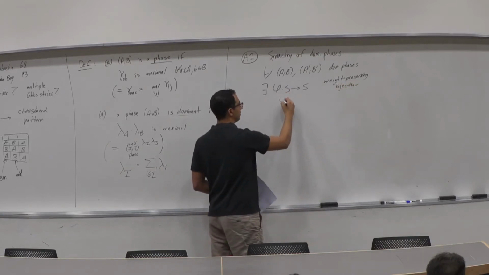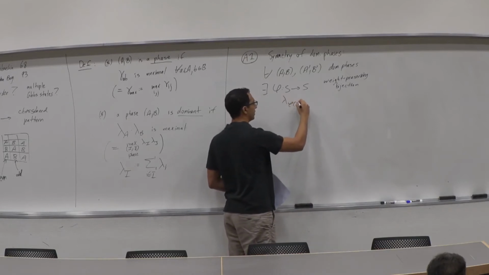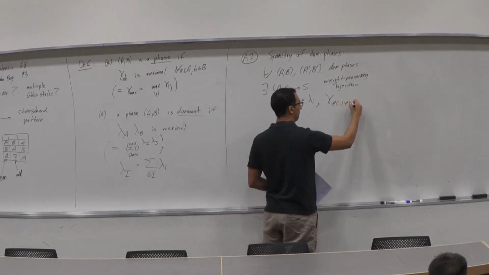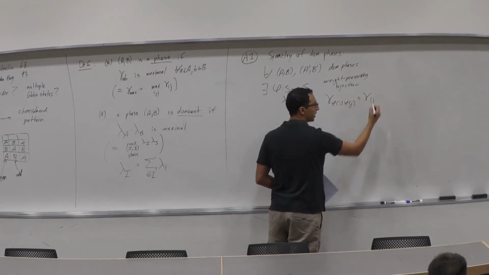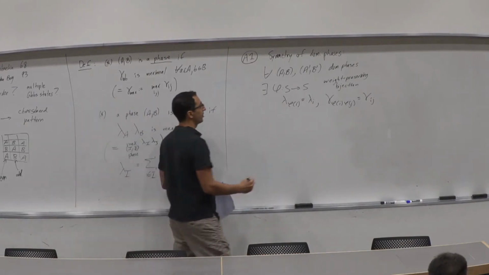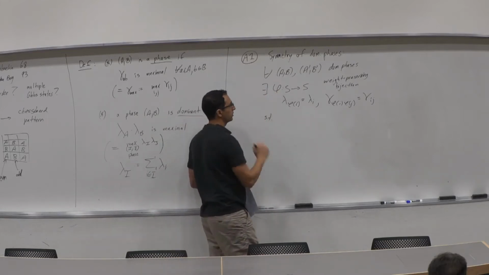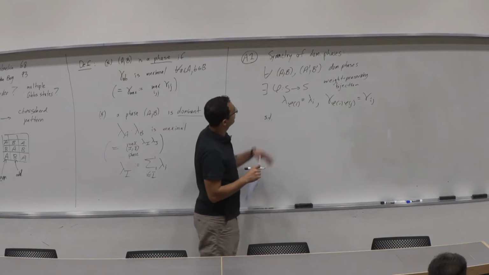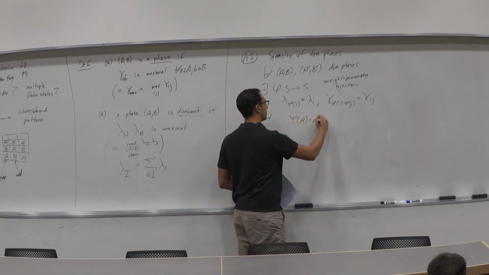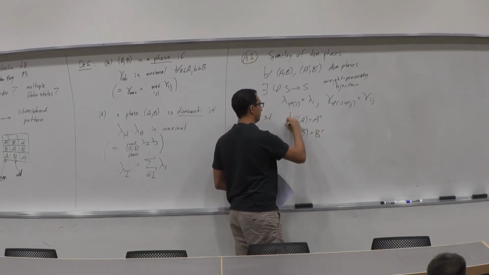Weight-preserving here just means that lambda of phi i equals lambda i, and gamma of phi i, phi j equals gamma of ij for any i and j. Okay, so it's a bijection of the spin space which preserves these weights. So for any two dominant phases, there exists such a weight-preserving bijection which maps one dominant phase to the other. Okay, so phi A equals A prime, and phi B equals B prime.